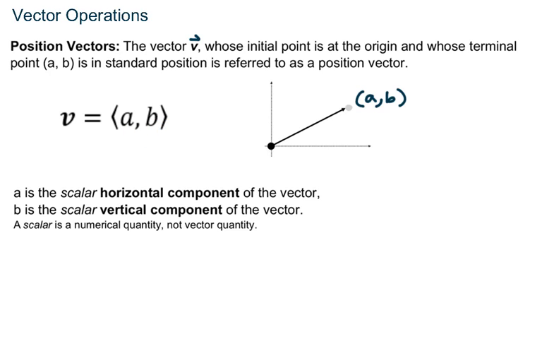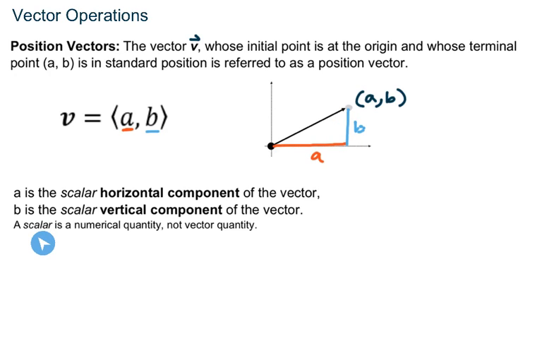And what the angle brackets indicate to us is that we have an x component, this right here would measure A, and a B component vertically, which would measure B. So that's representing the horizontal and vertical components. A is the scalar horizontal component of the vector, and B is a scalar vertical component for this vector.